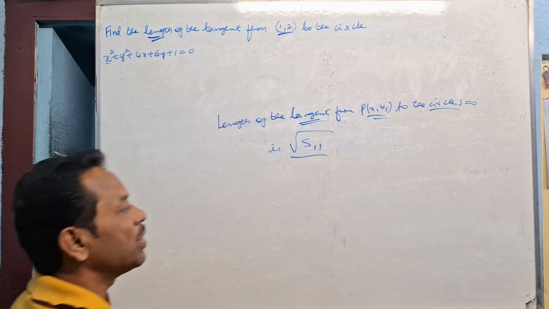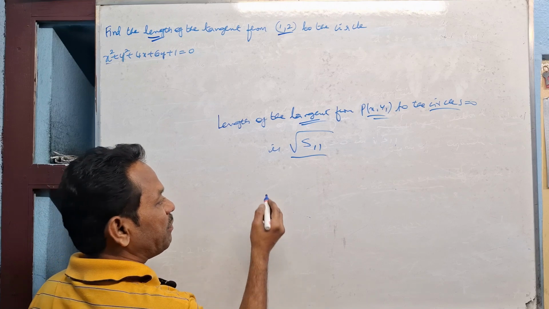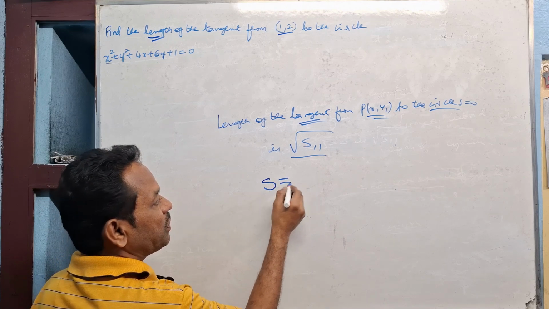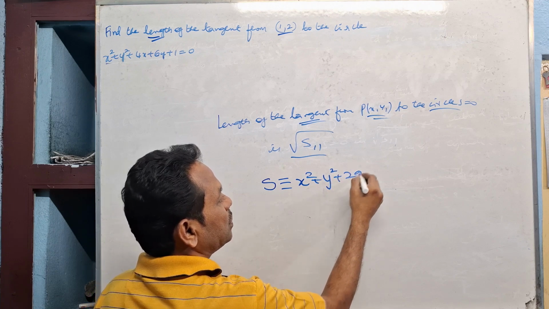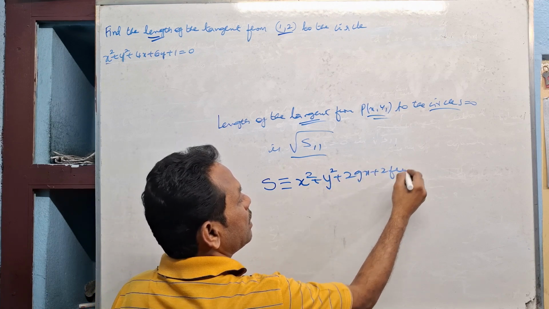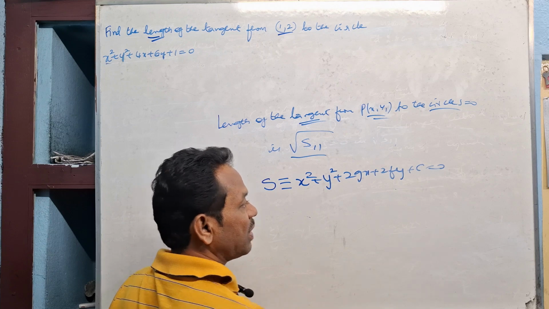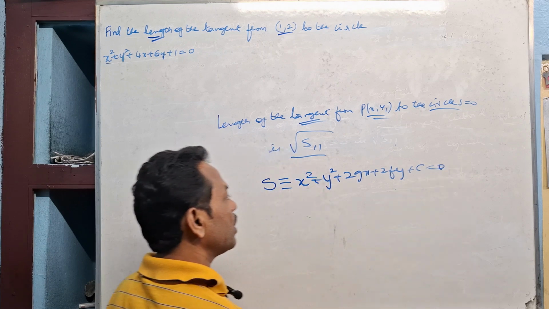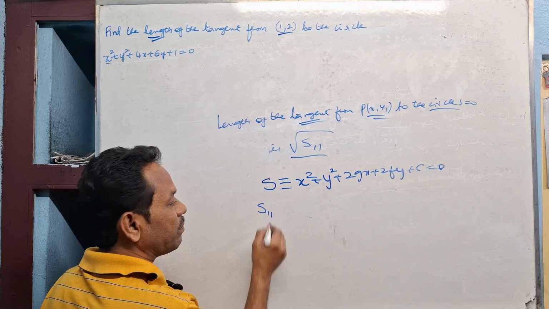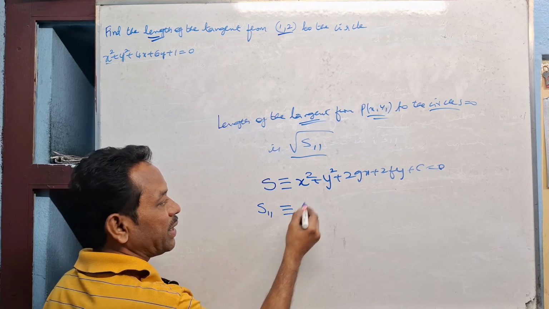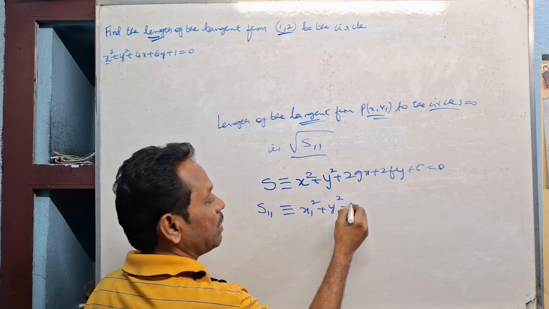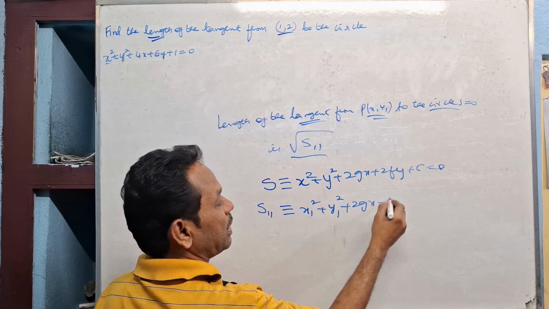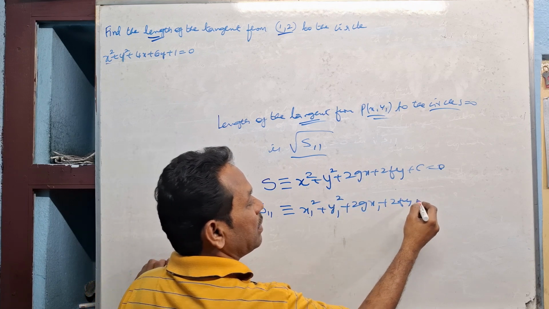Okay, now the given circle, we will take it as s equal to x square plus y square plus 2gx plus 2fy plus c equal 0. This is the general circle. Now if I want s11, it can be written as x1 square plus y1 square plus 2gx1 plus 2fy1 plus c.